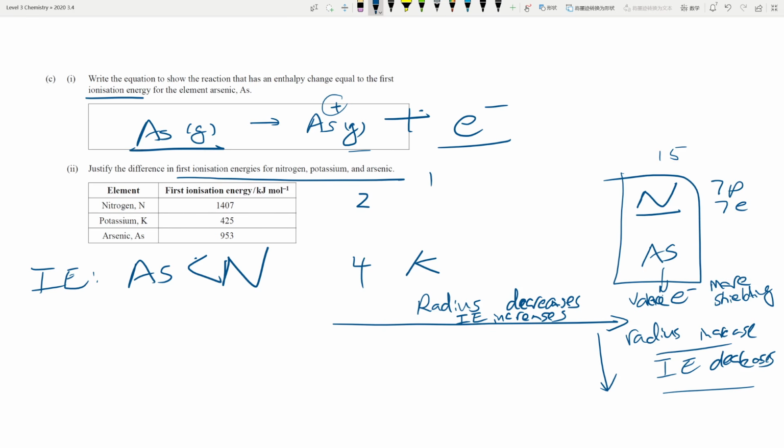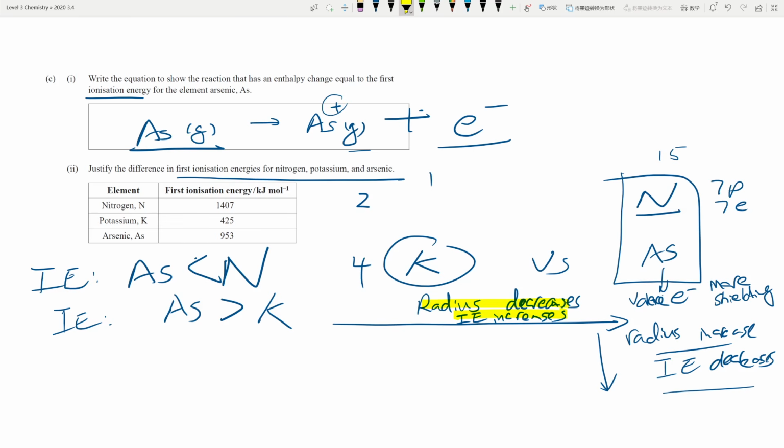But if you compare K versus arsenic, they're in the same period. The ionization energy of arsenic will be higher than K, because as we stated, as you go from left to right, the ionization energy increases.